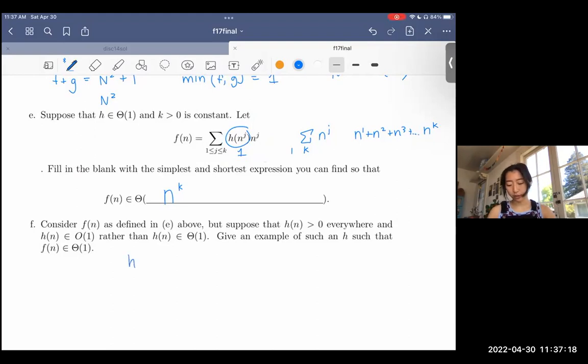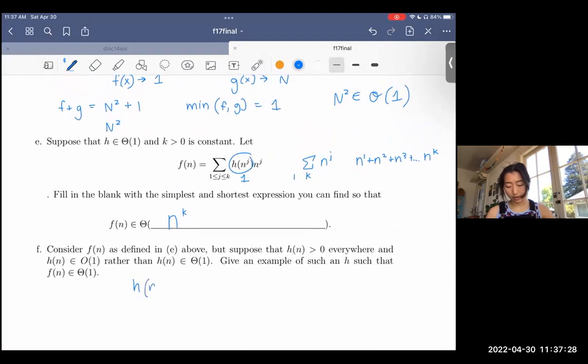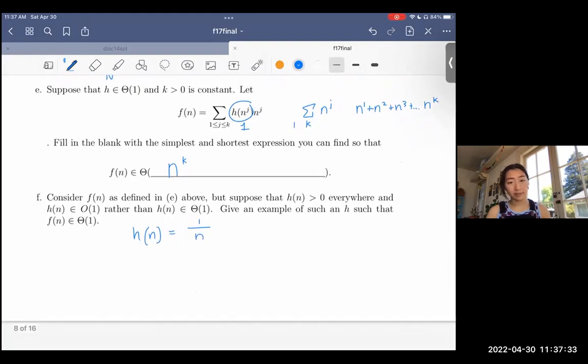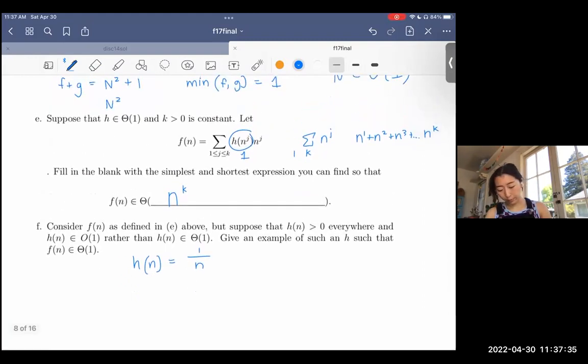And so if, let's say, h of n is 1 over n, what's going to happen in this sum? Well, then we essentially see that this expression turns into this, which is really just 1, right?